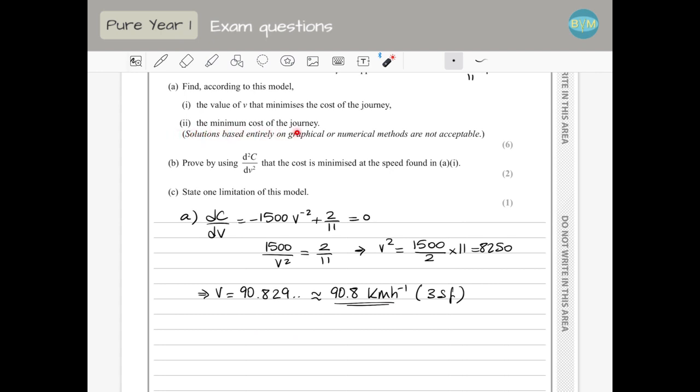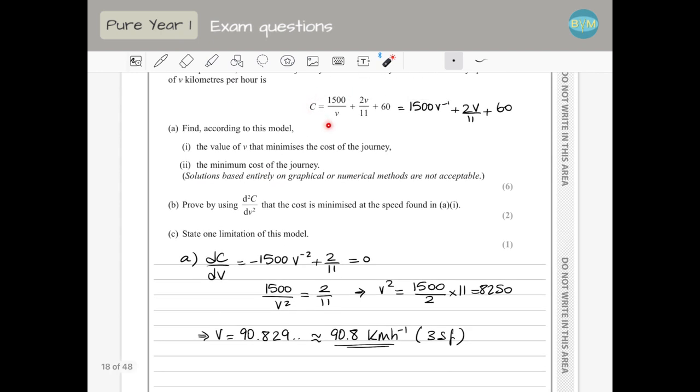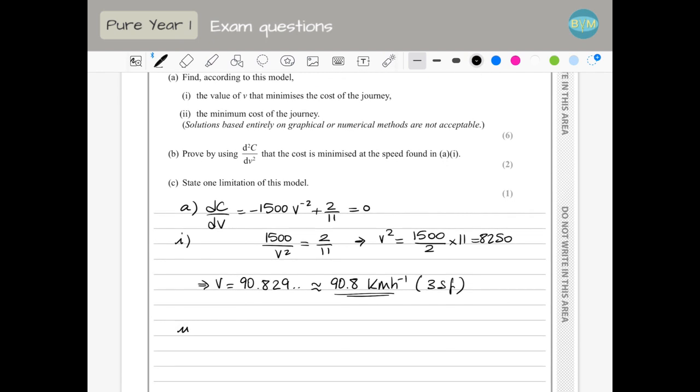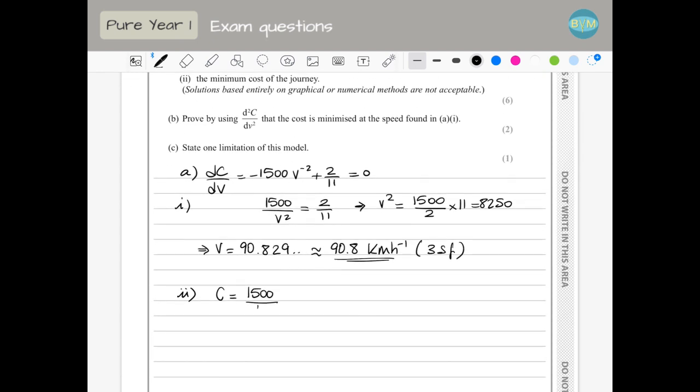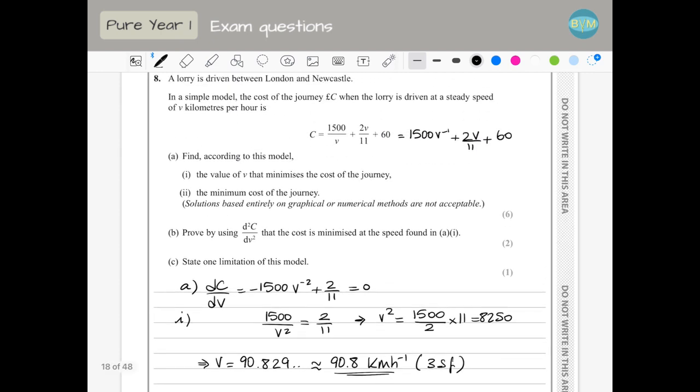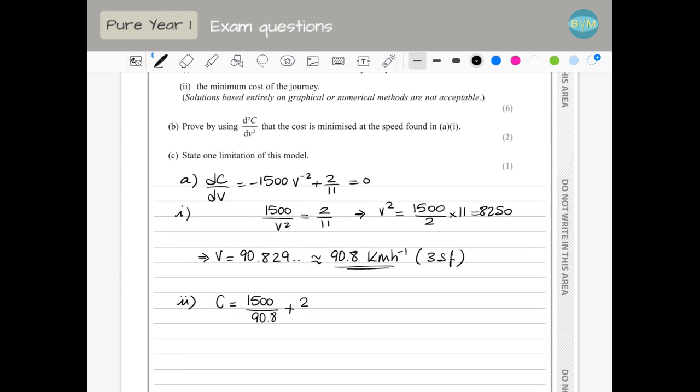And now they say find the minimum cost of the journey. So I know the cost is given by this expression when I have v. So what I'm going to do is substitute this v here to find the cost. This is the first part, and for the second part, the cost is 1,500 divided by v, so divided by 90.8, plus 2 times v divided by 11, plus 60.